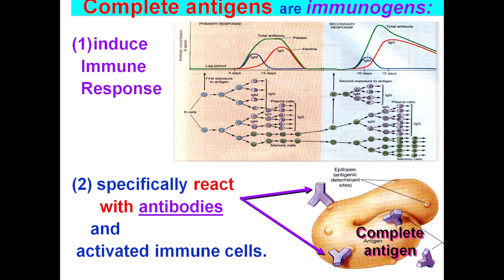Of course, after the secondary immune response, many cells of green color here, these B lymphocytes, accumulate in tissues without differentiation into plasma cells. They are also memory cells, and their concentration in tissue fluids becomes much higher than after the primary immune response.